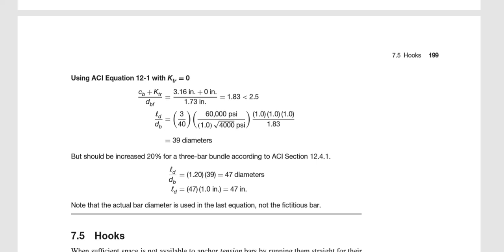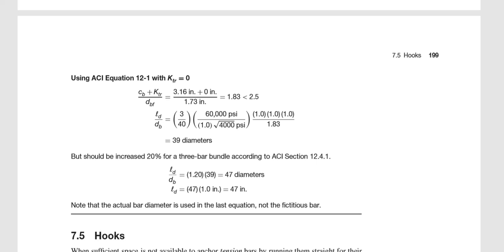So it is a bundle bar of 3, so we need to increase by 20%. If the bundle bar is 4, we increase by 33%. So LD by dB is 39 times 1.2, that means I am increasing 20%. That means 47 times diameter. Now they are multiplying the diameter.